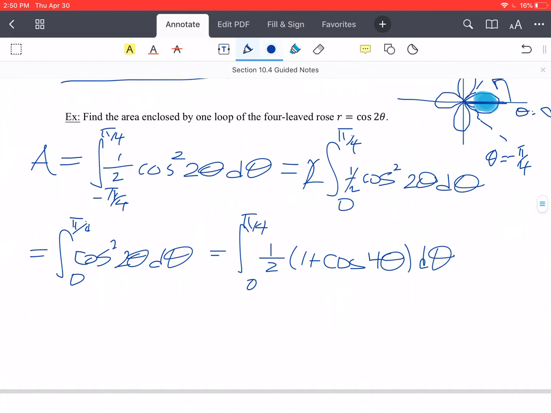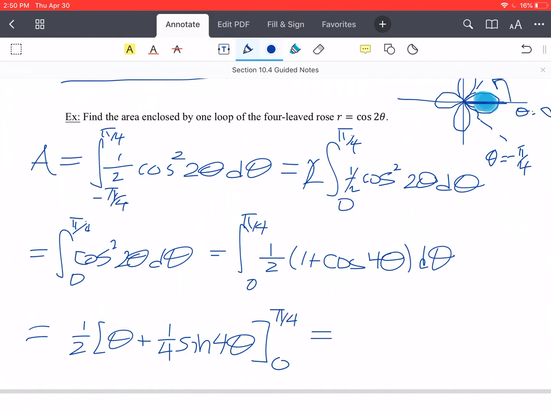Okay. And then this is something we can integrate. So we get 1/2 times theta plus 1/4 sine of 4 theta, evaluated from 0 to pi over 4.